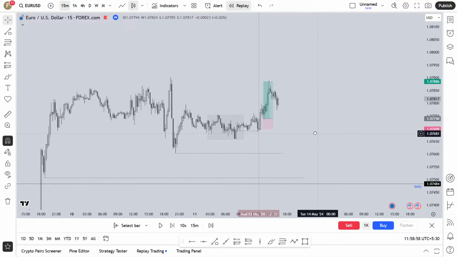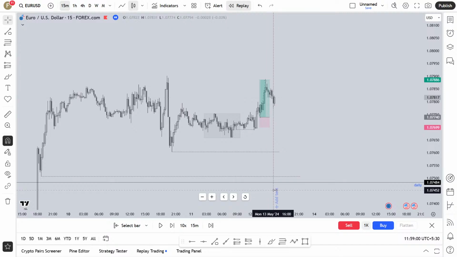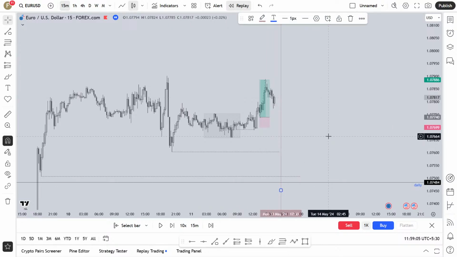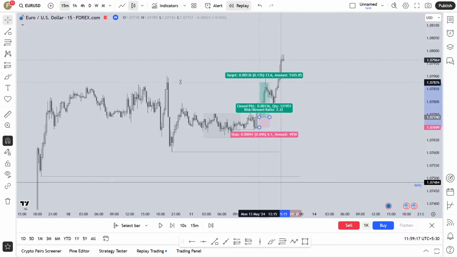Now again, if you want to trade again on Monday, you need to wait for New York to open. London session gave us a nice TP. Now jump to the New York session. Play the chart. See if we could stay, it will give us a nice TP here.